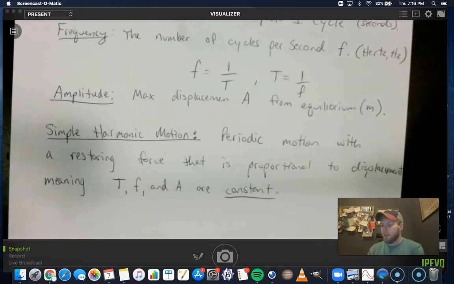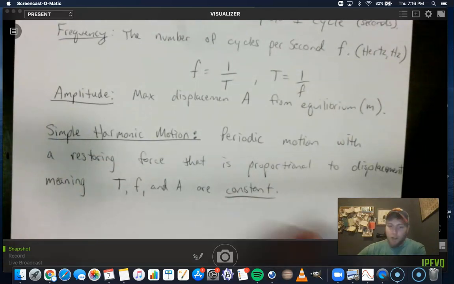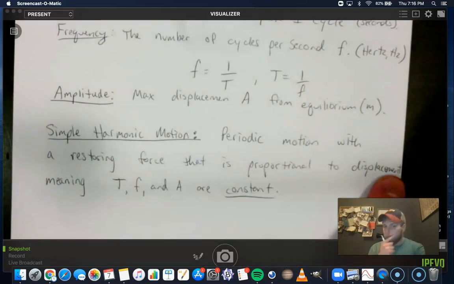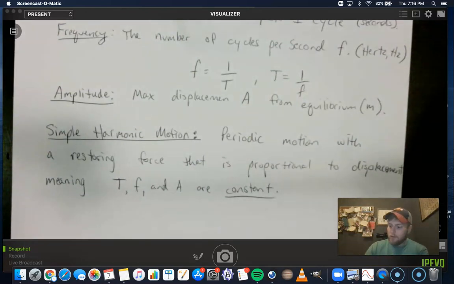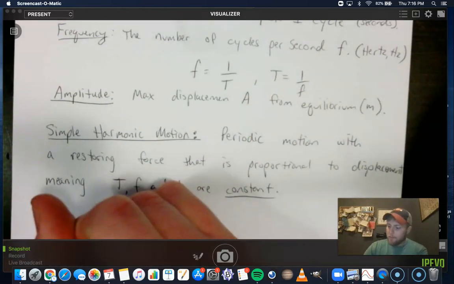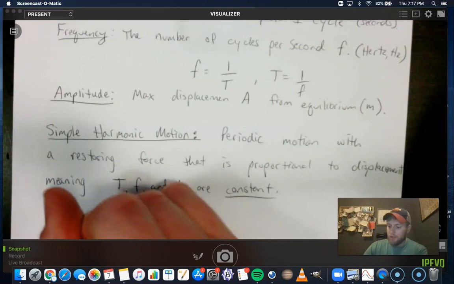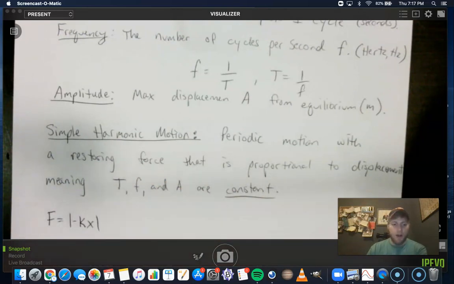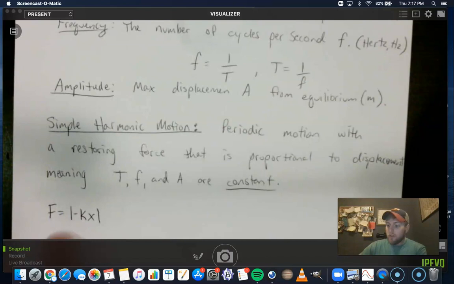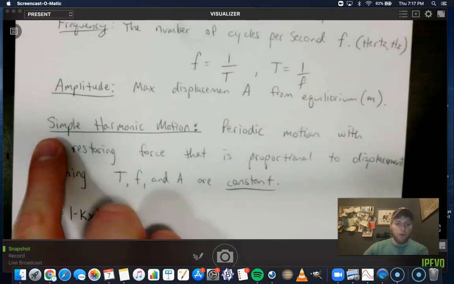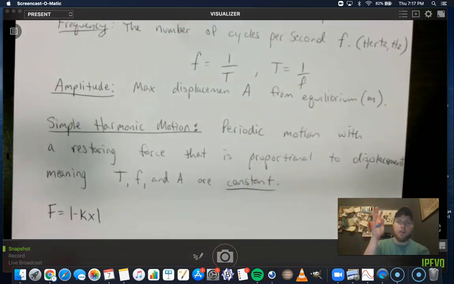Now the reason we're tying this in with Hooke's law is because you can see here that proportional to displacement thing. Now we're not going to go over all the details, but Hooke's law, we'll just put the magnitude there. This is, remember, Hooke's law. Hooke's law actually forces a spring, when it's well behaved, to undergo simple harmonic motion. And for reasons that we're not going to get into, you can do some math.